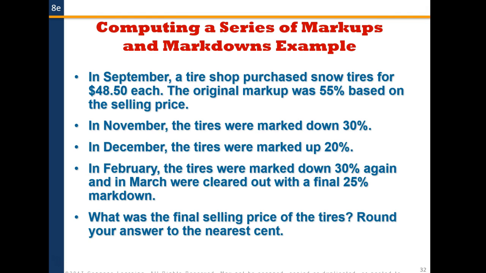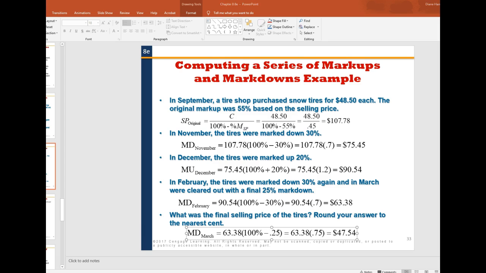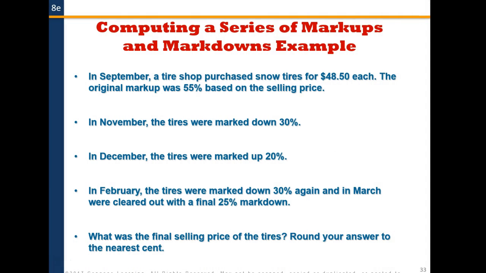In February, they were marked down 30% again, and in March, were cleared out with a final 25% markdown. What was the final selling price of the tires? Round your answer to the nearest cent. Okay, we're going to do this step by step so that we won't get overwhelmed until we get to our final answer.